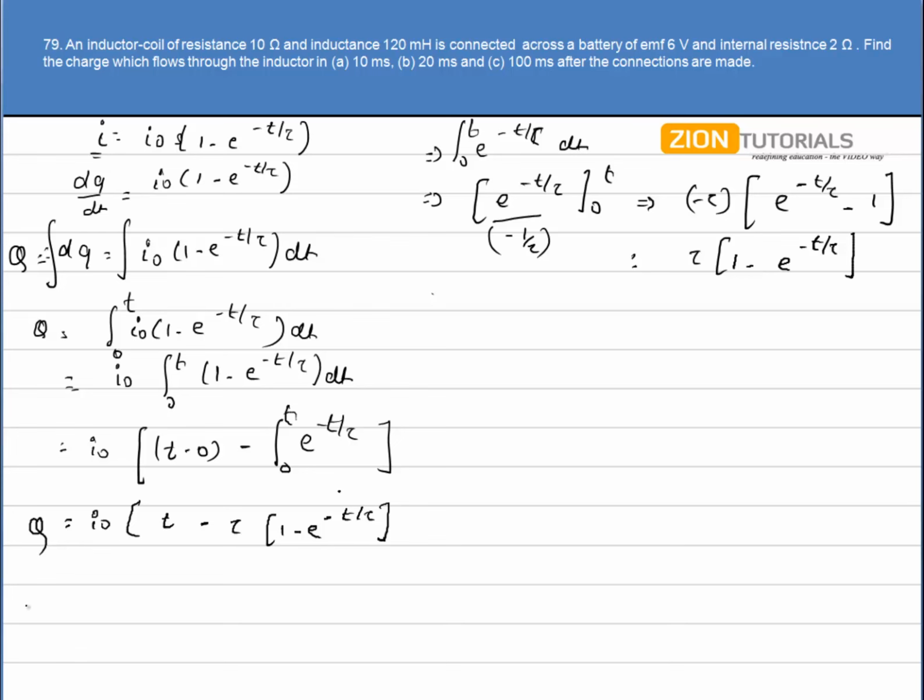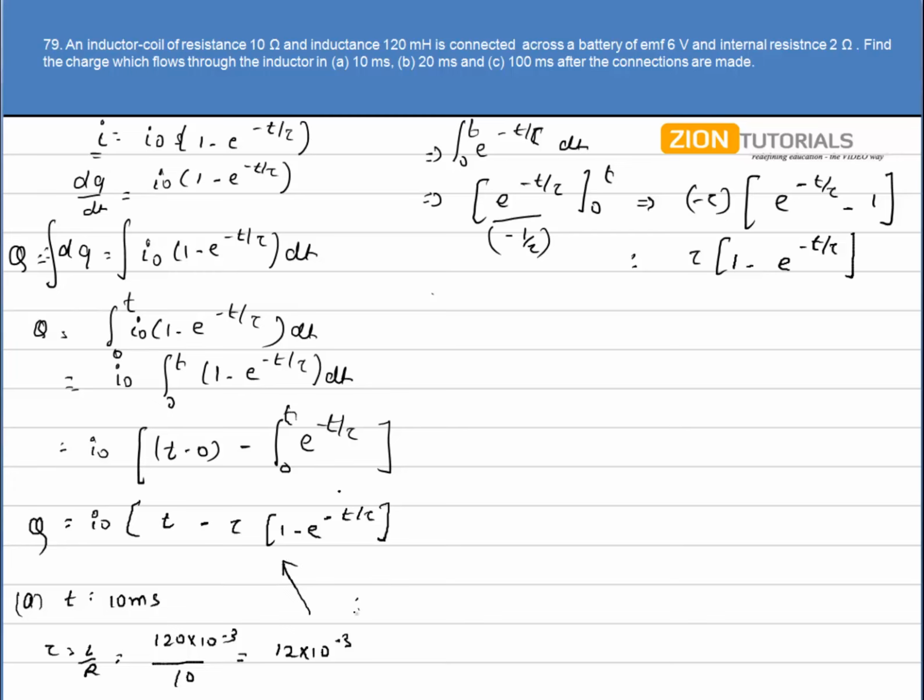Now in part A, that is at time 10 millisecond, we know tau is given by L by R, that is 120 into 10 to the power minus 3 divided by 10, which gives me 12 into 10 to the power minus 3. Now we have to substitute all the values in this equation.